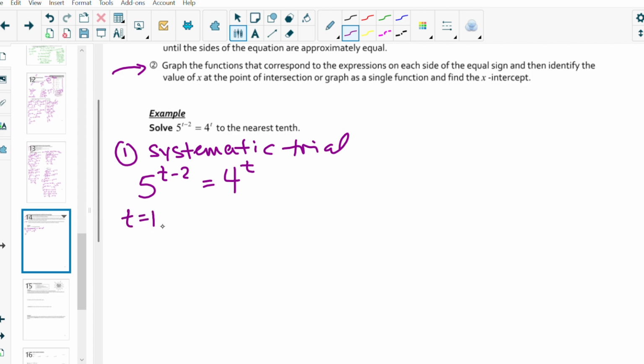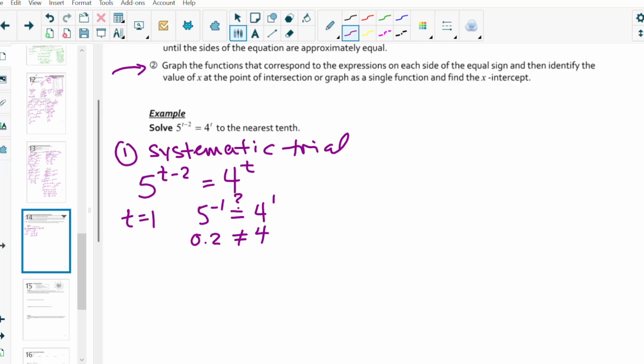If I just start with t equals 1, what happens? That's 5 to the negative 1, question mark, 4 to the 1. If I evaluate, that's 0.2. Not equal to 4.